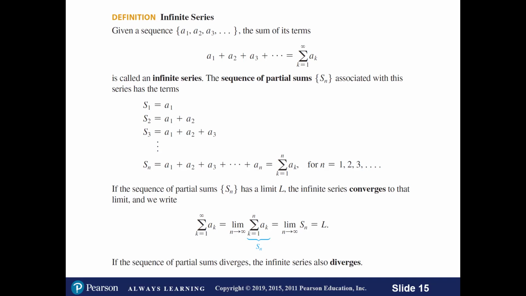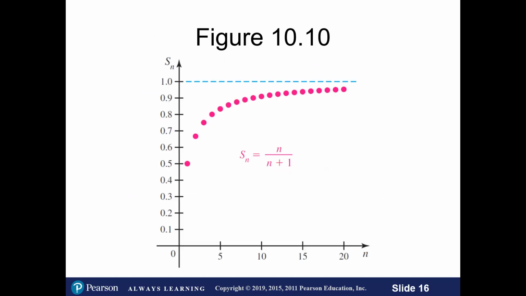So the sequence of partial sums is just the first term, first plus second, and so on. And so we can look at the limit of an infinite series as the limit of that sequence that we already defined. So we know how to find that. Okay, so that is infinite series.